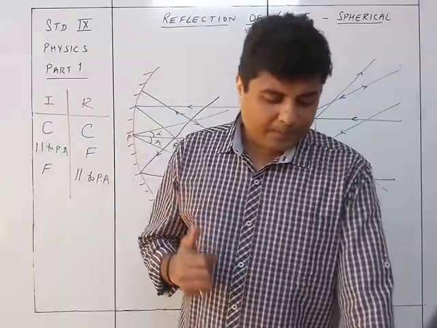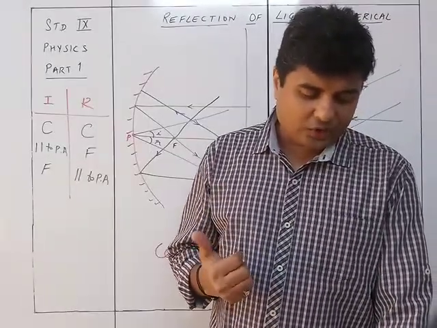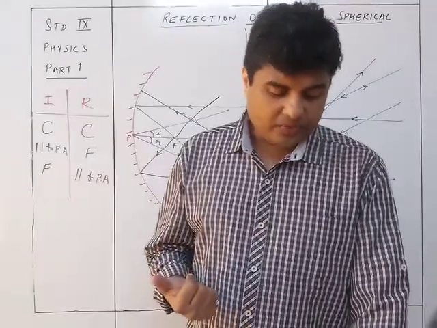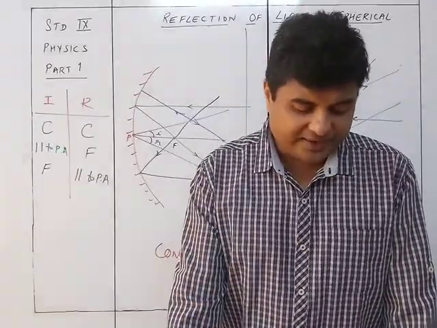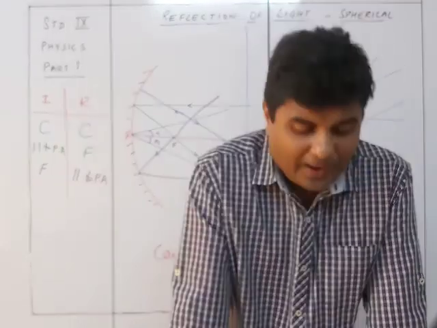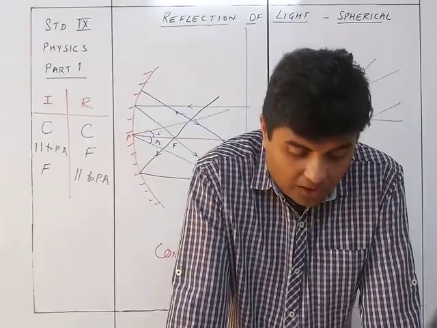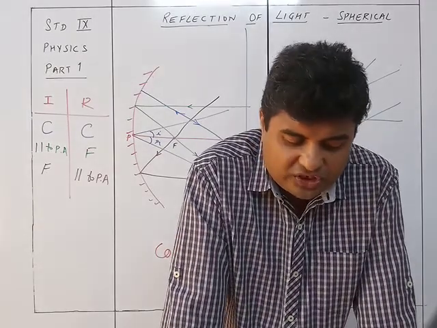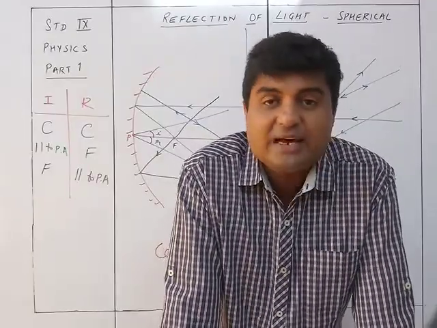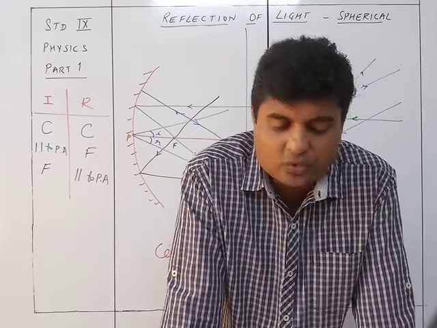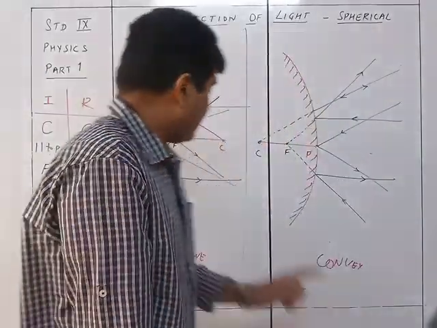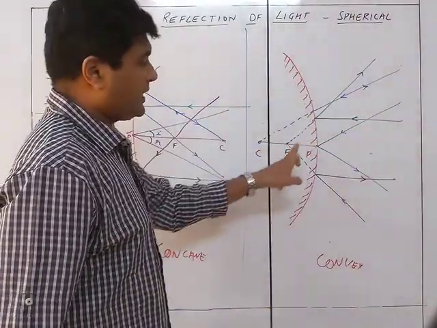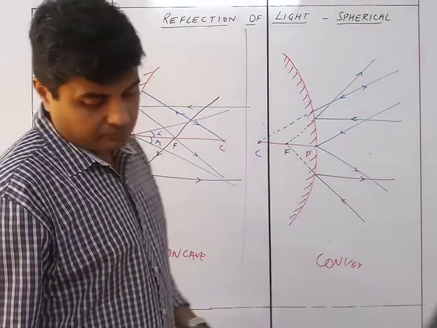A ray passing through or directed towards the center of curvature of the spherical mirror is reflected back along its own path. Second, a ray incident parallel to the principal axis, after reflection from the spherical mirror, either passes or appears to be coming from the focus.